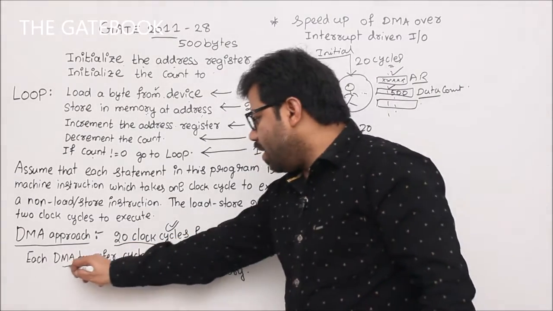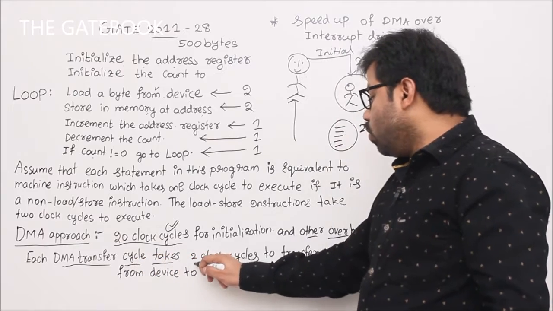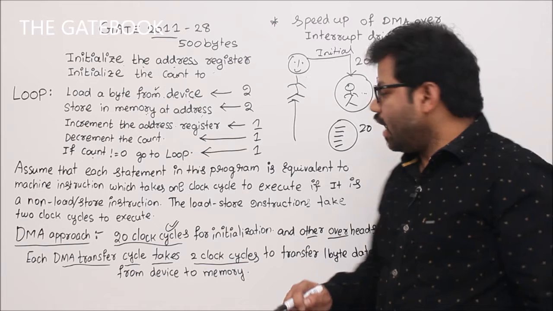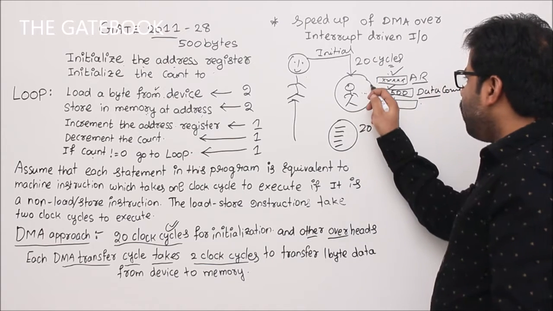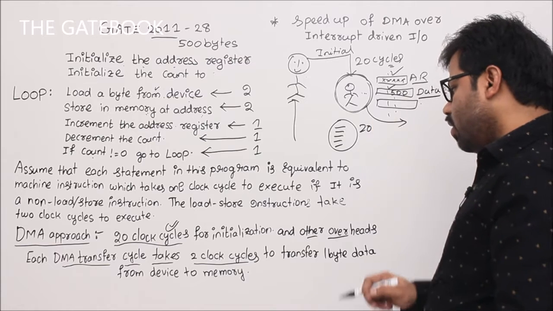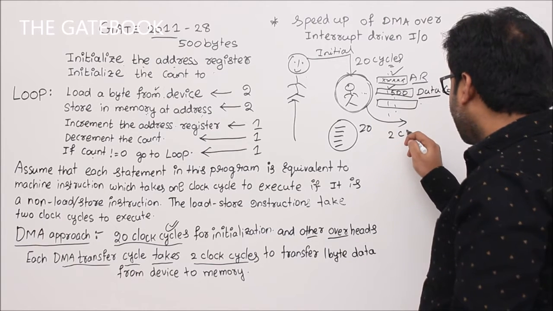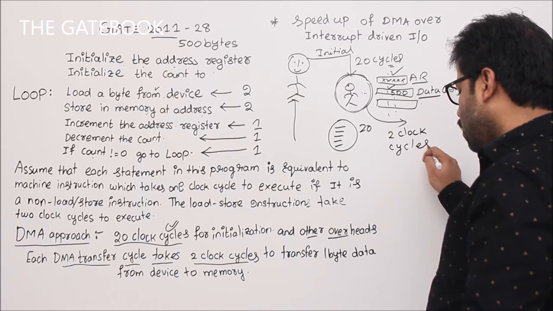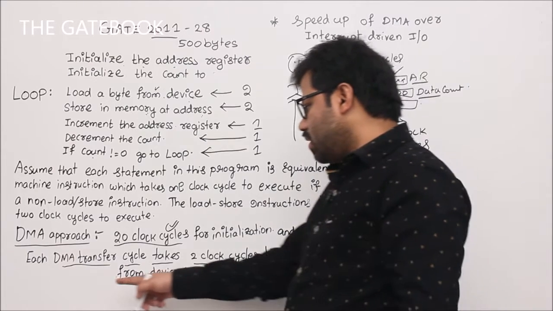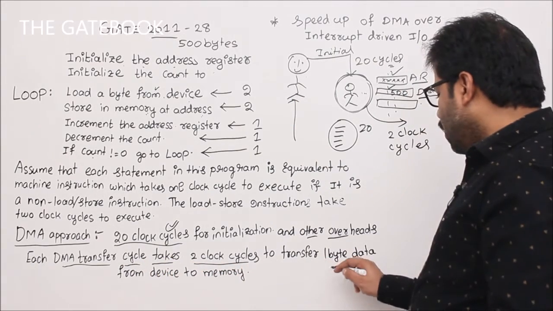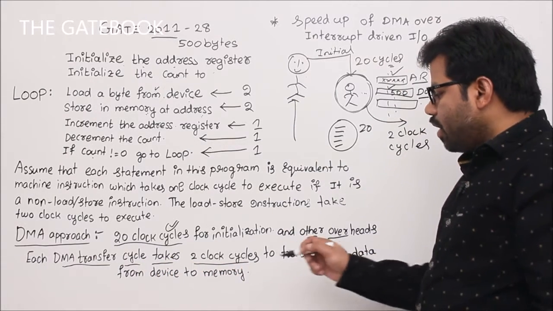Now each DMA transfer cycle takes 2 clock cycles to transfer 1 byte of data from device to memory.